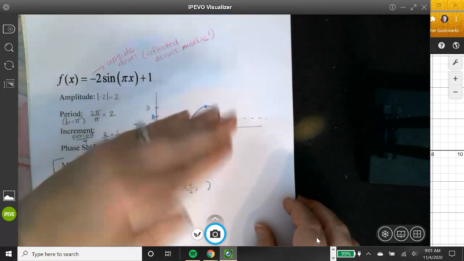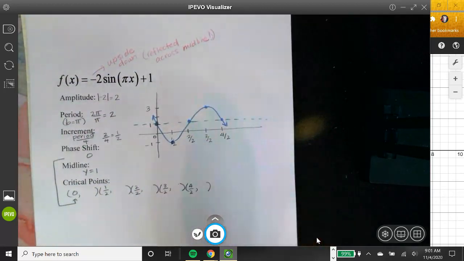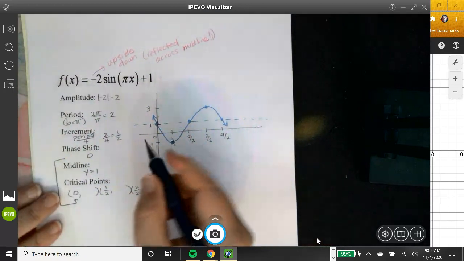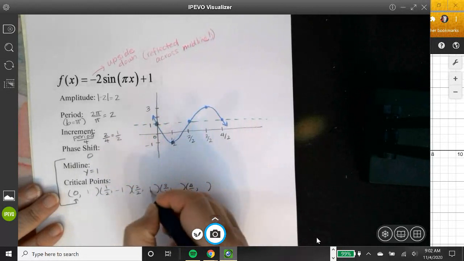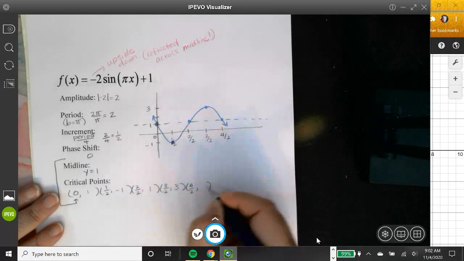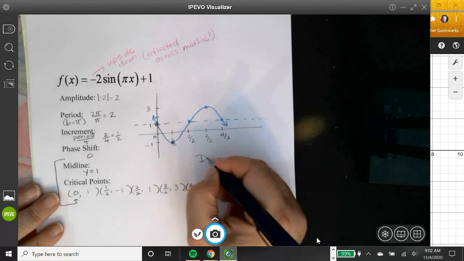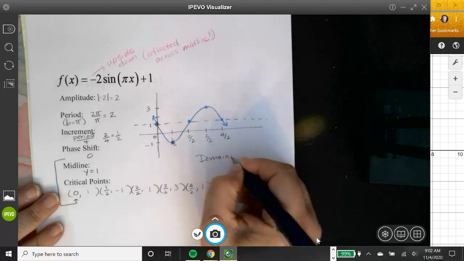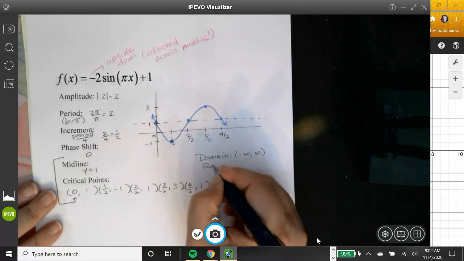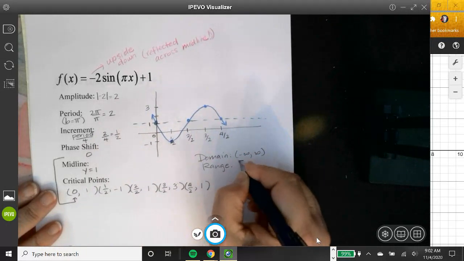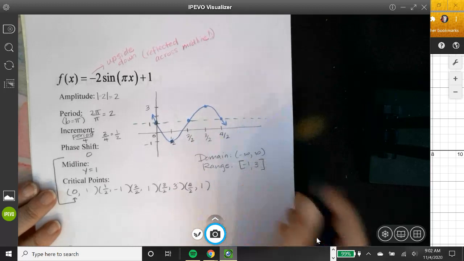So it's reflected across the midline. All right, so let's pluck the y values off the graph, and we get 1, -1, 1, 3, and then 1, and the domain here is all real numbers. The range is -1 to 3.